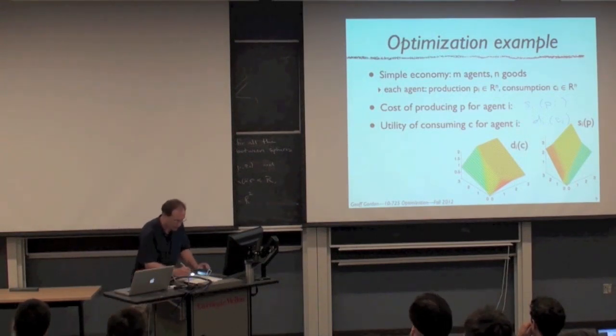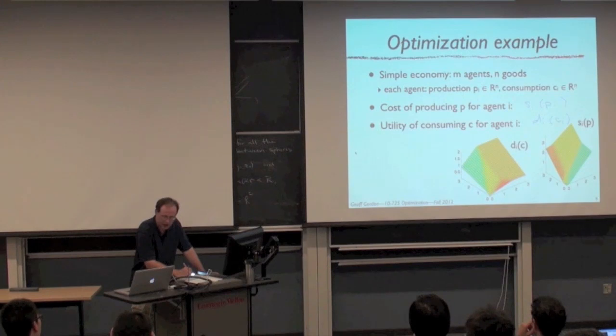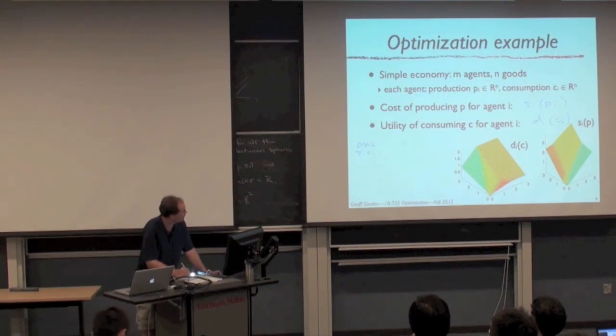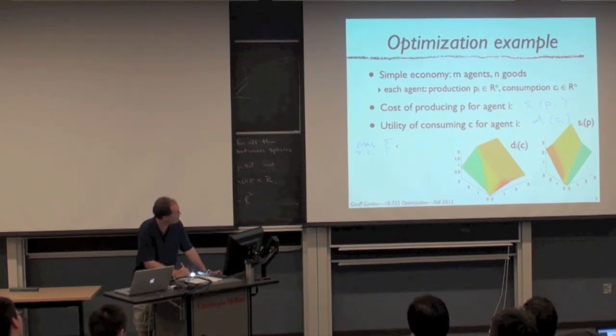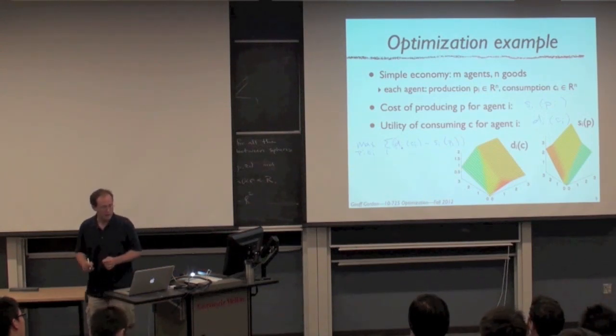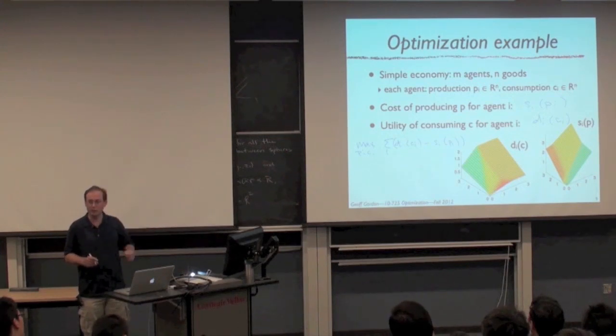All right. So what we want to do to get the best possible strategies for all of the agents is to take the maximum over all possible P_i and C_i of the sum over all agents i of the utility they get, D_i of C_i, minus their cost of production, which is S_i of P_i. And that's the objective function of our optimization.